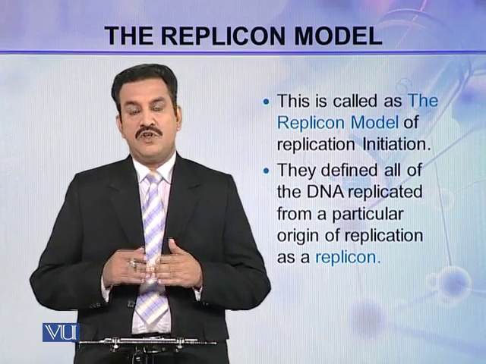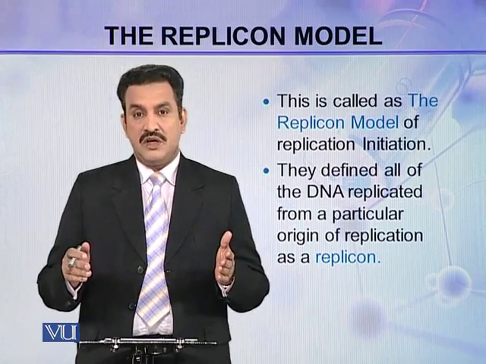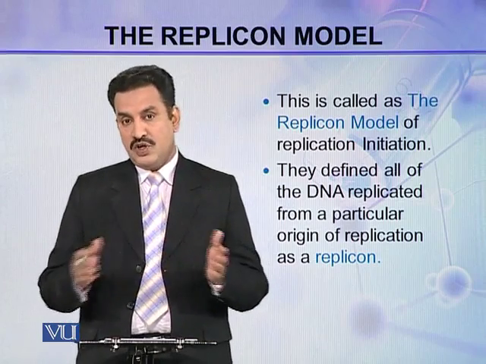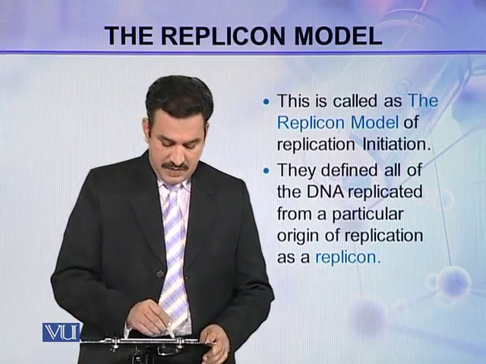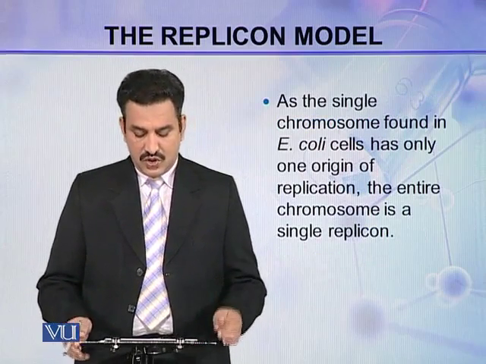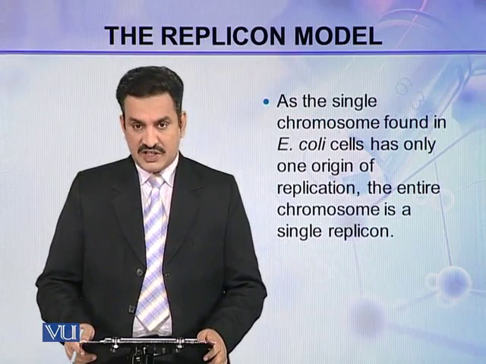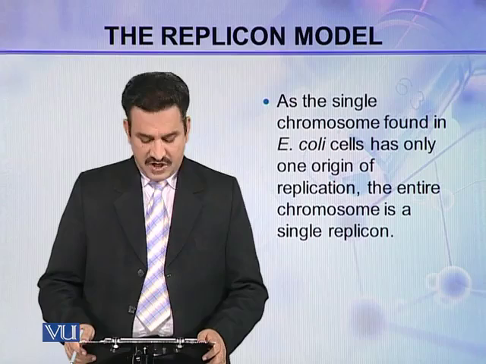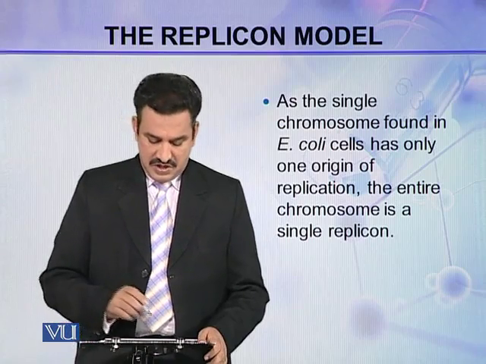So if the whole DNA will be replicated as a result of a single origin, the whole DNA will be called a replicon. As the single chromosome found in E. coli cells has only one origin of replication, the entire chromosome is a single replicon.